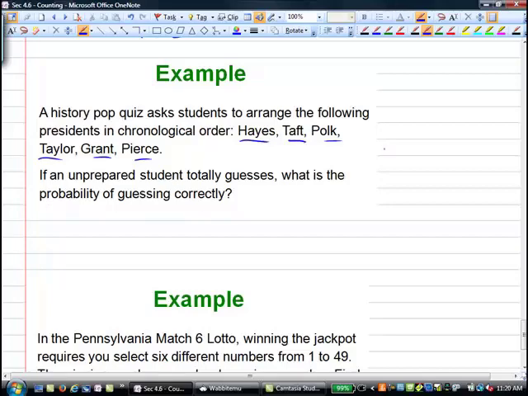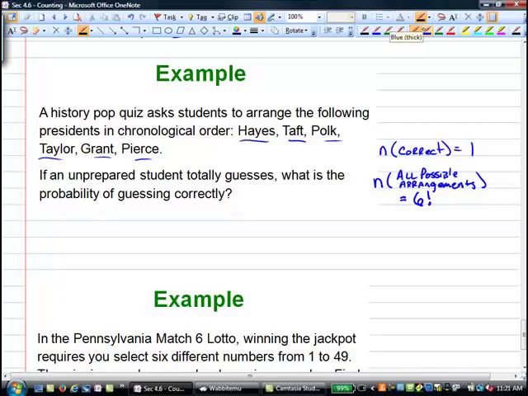First of all, there's only one correct order. So the number of ways that I can come up with the correct order is equal to 1. Now, the number of all possible arrangements is going to be equal to what? 6 factorial, isn't it?